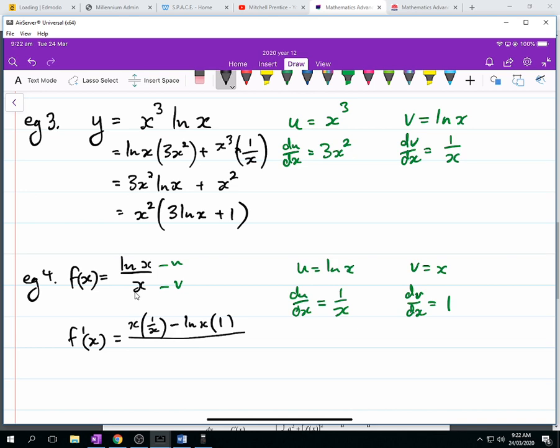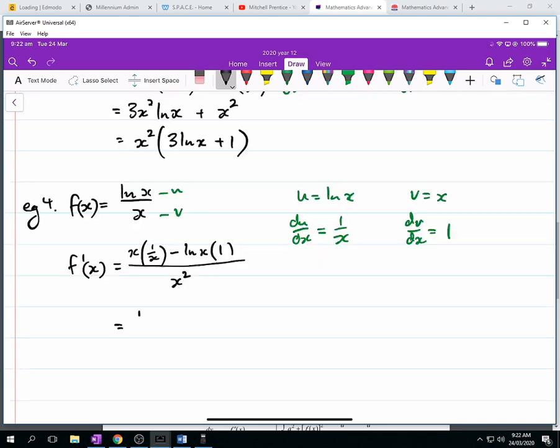So what we get is 1 minus ln x over x squared. That's our derivative, and therefore we could go through and see what these actually look like.